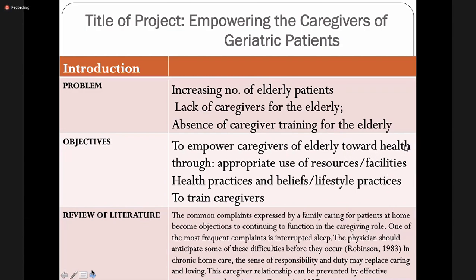We have about 24,464 senior citizens sa siyudad ng Tacloban. So, your objective is to empower caregivers of elderly toward health through appropriate use of resources, facilities, health practices and belief lifestyle practices to train caregivers.